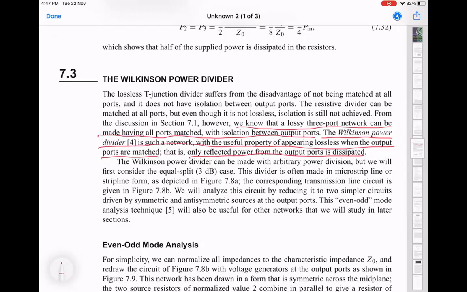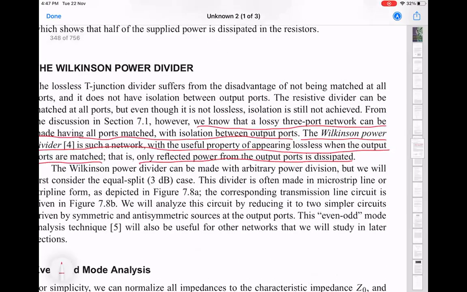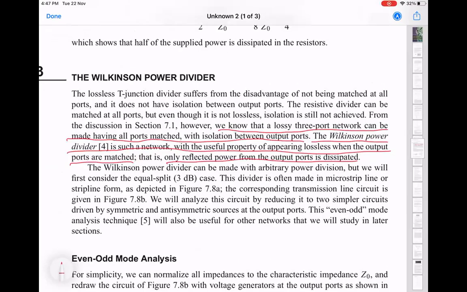So this is the circuit I've been mentioning many times, and we have seen it in our demo as well, though we never really verified that what's inside is actually a Wilkinson power divider, but most likely it is. So the point here is that a lossy 3-port network can be made having all ports match with isolation between output ports.